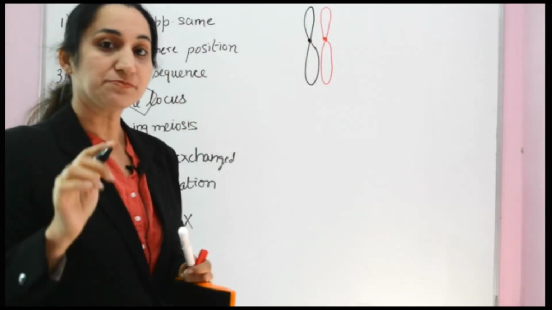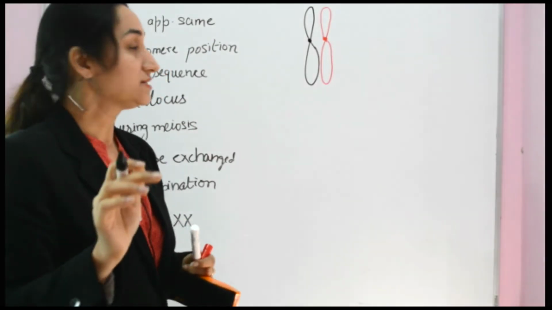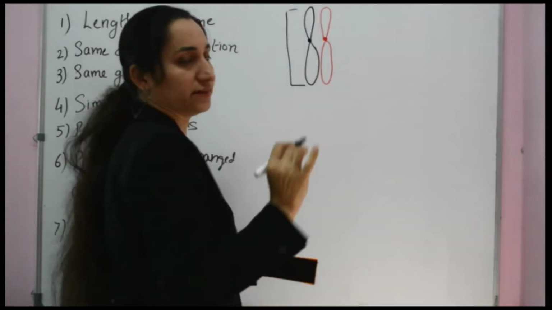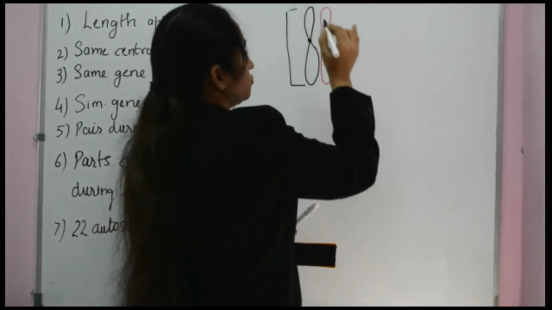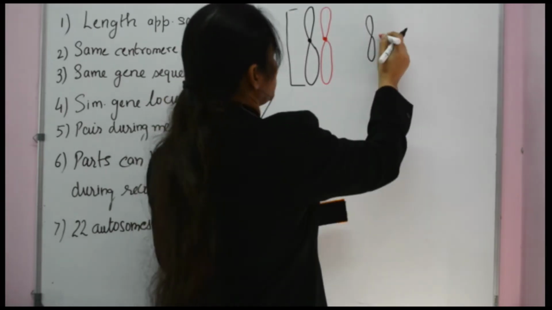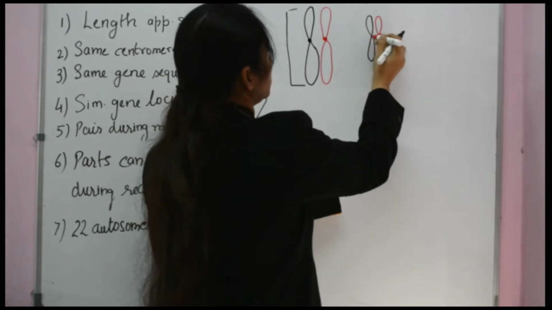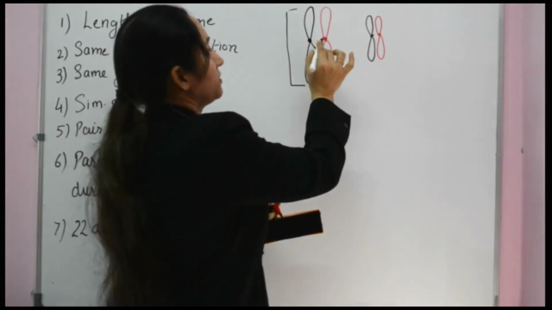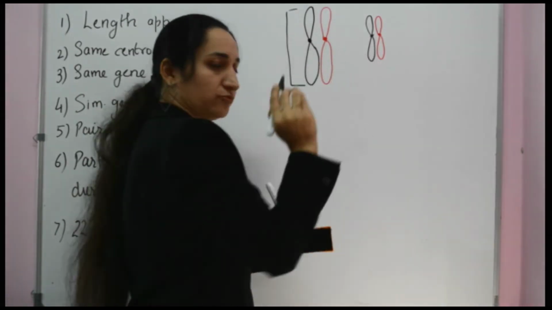Now what are the special characteristics of a homologous pair? The first one is that homologous pairs have more or less similar length. Let us suppose this is the first pair of chromosomes and this is the second pair of chromosomes: chromosome number 1 of father, chromosome number 1 of mother, chromosome number 2 of father, chromosome number 2 of mother.